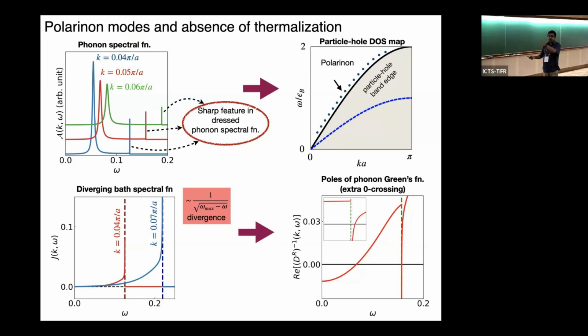For example, if we go to 2D, there is a weaker, logarithmic divergence, and this will not happen, and it will get washed out. Okay, so the idea here was that the polariton modes do not see a bath and hence do not thermalize. So this is one of the new things that we had found, that the bath can dress the phonons, create these modes, but create these modes which are outside the range of the bath that you are going to see.